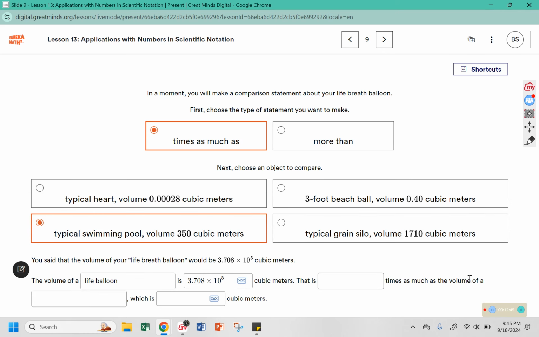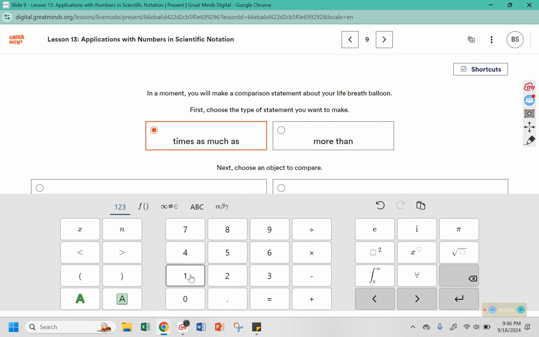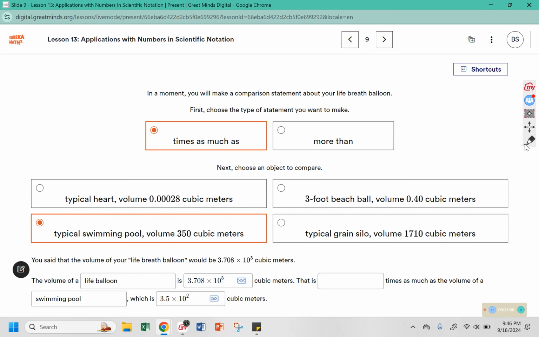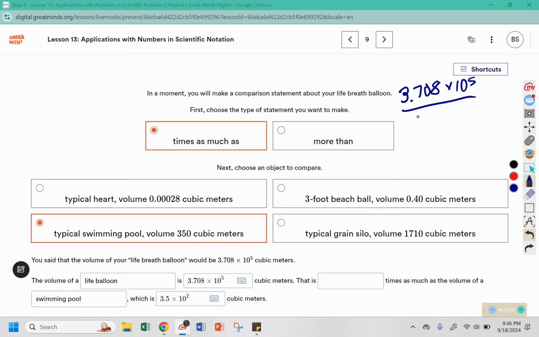And we've got to figure out how many times as much as the swimming pool, which has a volume of 3.5 times 10 to the second. So we're going to do some calculations. 3.708 times 10 to the 5th divided by 3.5 times 10 to the second.